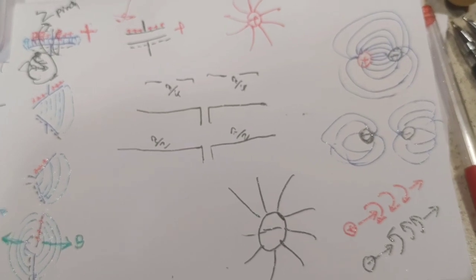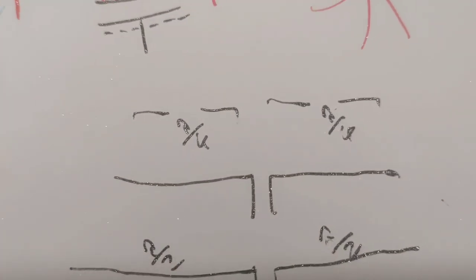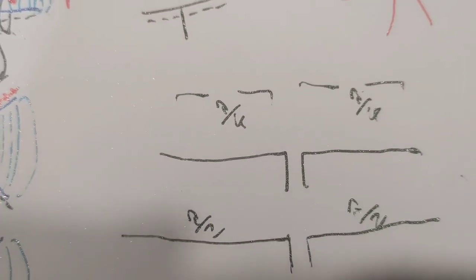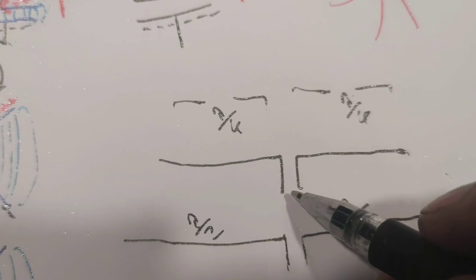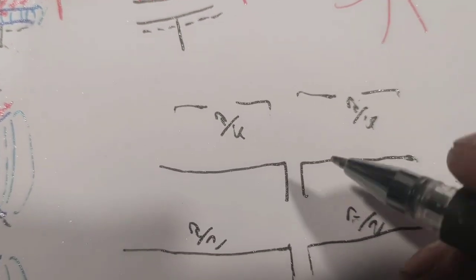Now, let's look at a dipole. And this is where we get into impedance. So, if this is our feed point and we have two quarter wavelength elements, well, we know that these are being operated differentially. So when this becomes maximum positive, this becomes maximum negative.